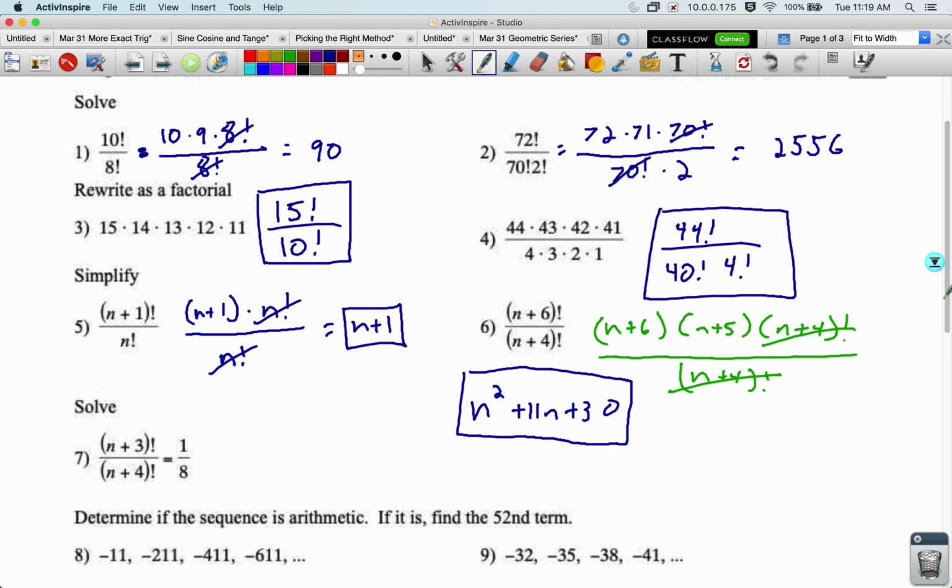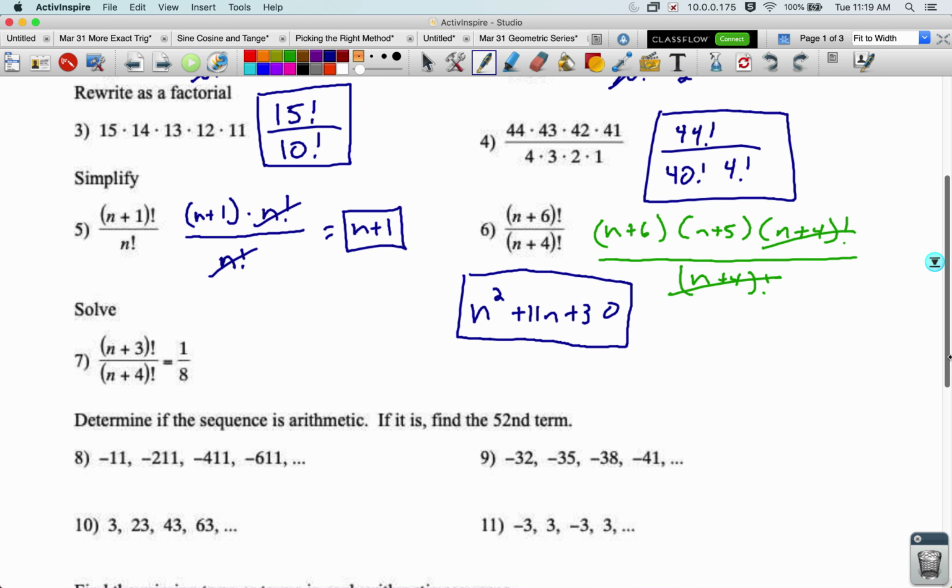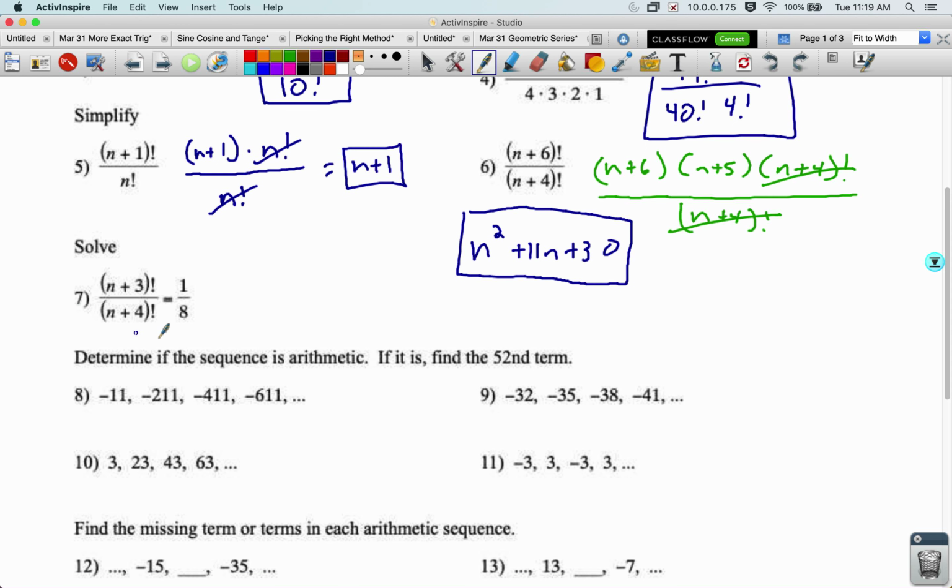All right, number 7. We're going to use that technique to simplify, but then we're going to be able to still solve for n here. So let's back up the bottom. n plus 4 factorial is the same as n plus 4 times n plus 3 factorial. Now the n plus 3 factorial can cancel.